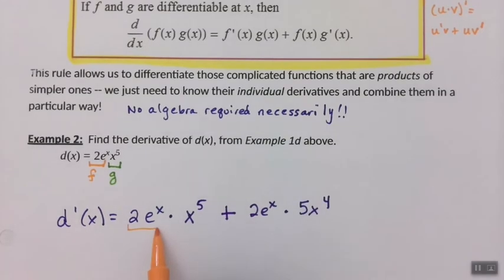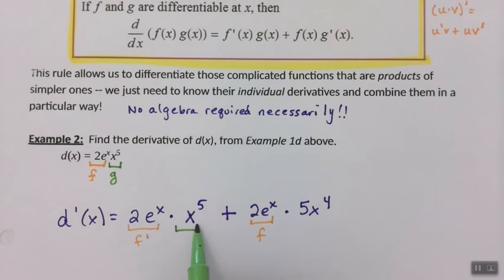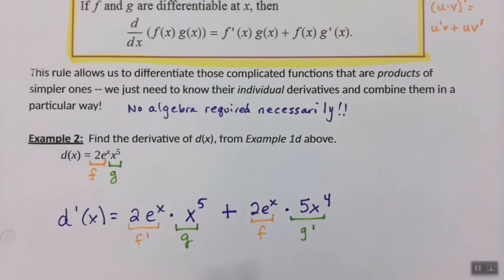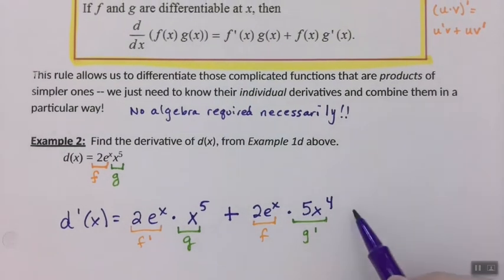So this right here is f prime, this right here is f, this right here is g, and this right here is g prime. And you're kind of done. I mean, you could simplify it if you wanted to. You could factor a 2e to the x out of both terms, but they didn't particularly ask you to, so you don't have to if you don't want to.